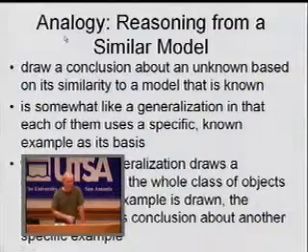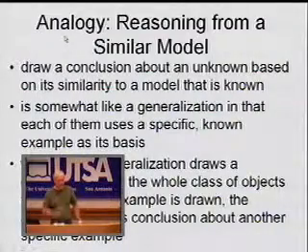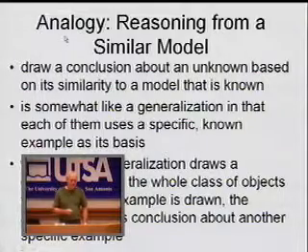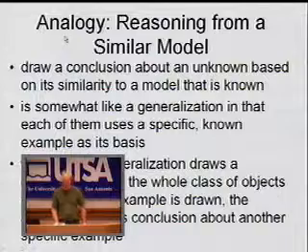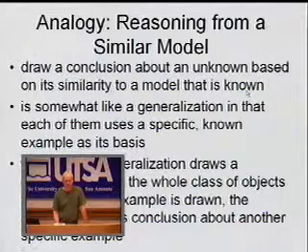I'm not saying you're going to fail your dissertation defense, but there'll be some point in time where a grant won't get funded, a paper won't get published, at least not the first time that you submit it, and so we encounter these experiences in science all the time. So, reasoning from a similar model or analogy, we would draw a conclusion about an unknown based on its similarity to a model that is known.